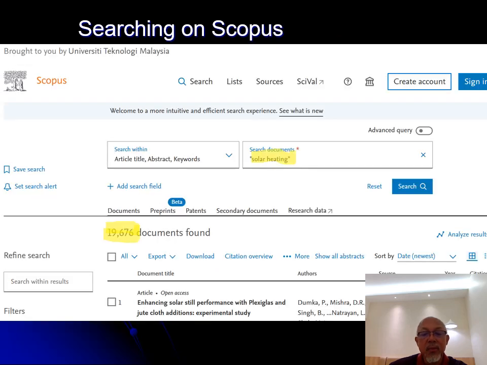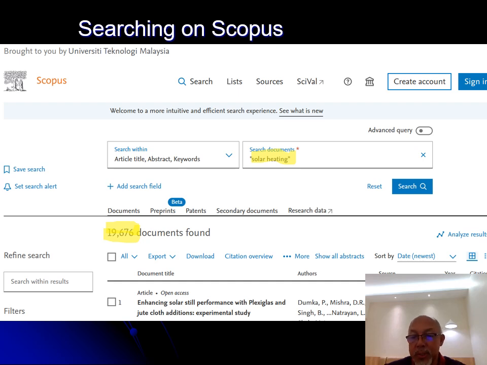If you go to Scopus, then it becomes 19,000. So what we are doing is basically filtering from the total of whatever is in Google that we found just now into something that is only related to very good quality publications.